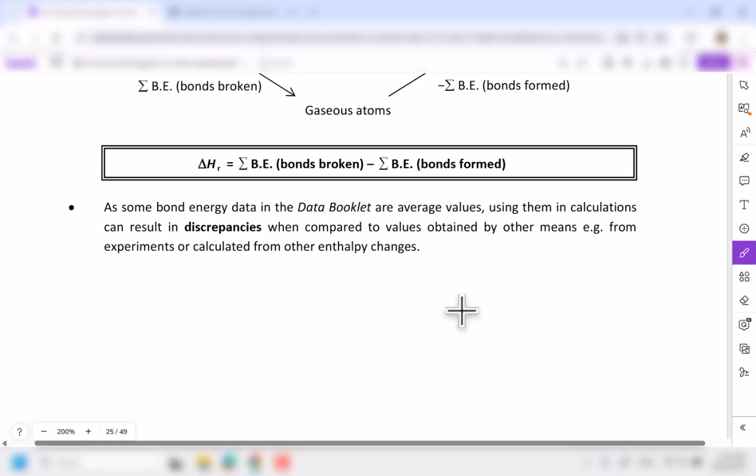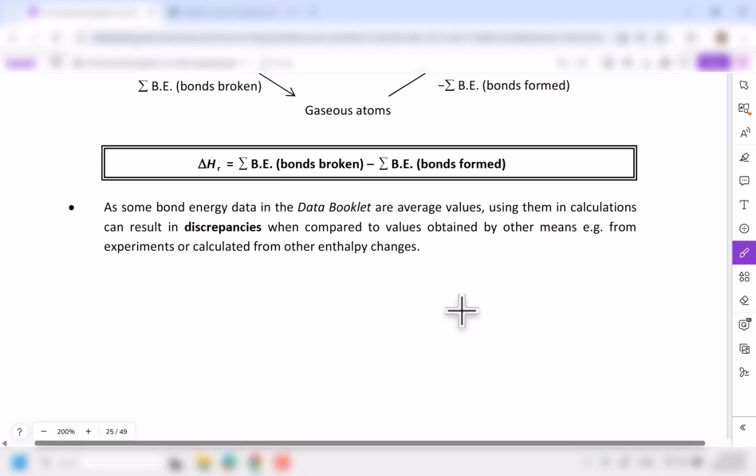Or maybe in catalysis environments, for example, in the Haber process, which you learn in secondary school, nitrogen and hydrogen come together on the metal surface, and that leads to the weakening of the N≡N and the H–H bond. And sometimes the discrepancy is due to the fact that the reactants and the products in question are not in the gaseous phase.